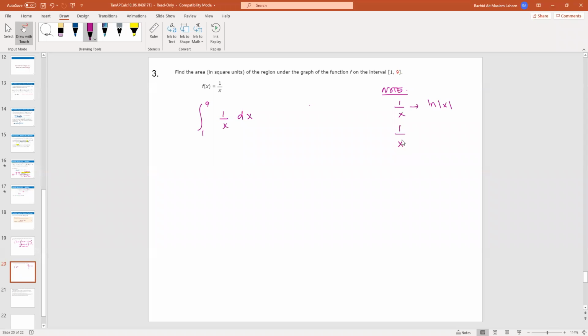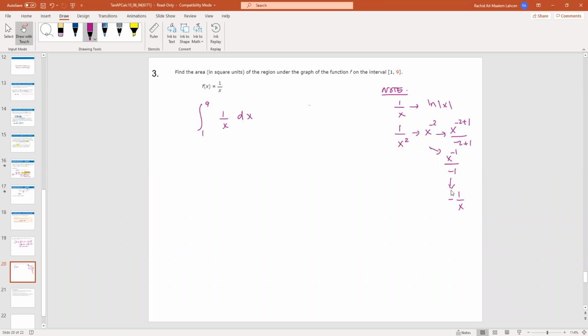If you have 1 over x squared, then you're converting it to x to the negative 2, then you're doing the negative 2 plus 1, which gives negative 1 over negative 1, which is negative 1 over x, right?